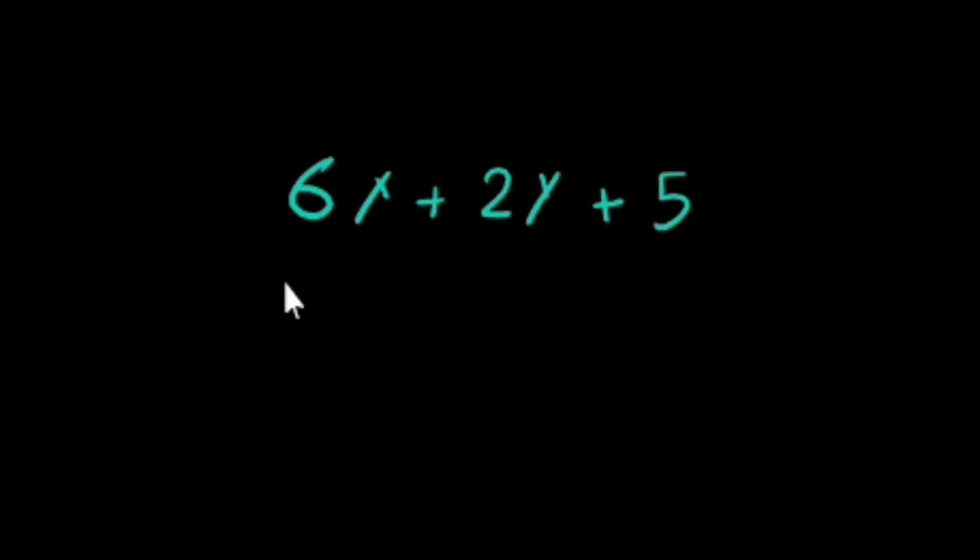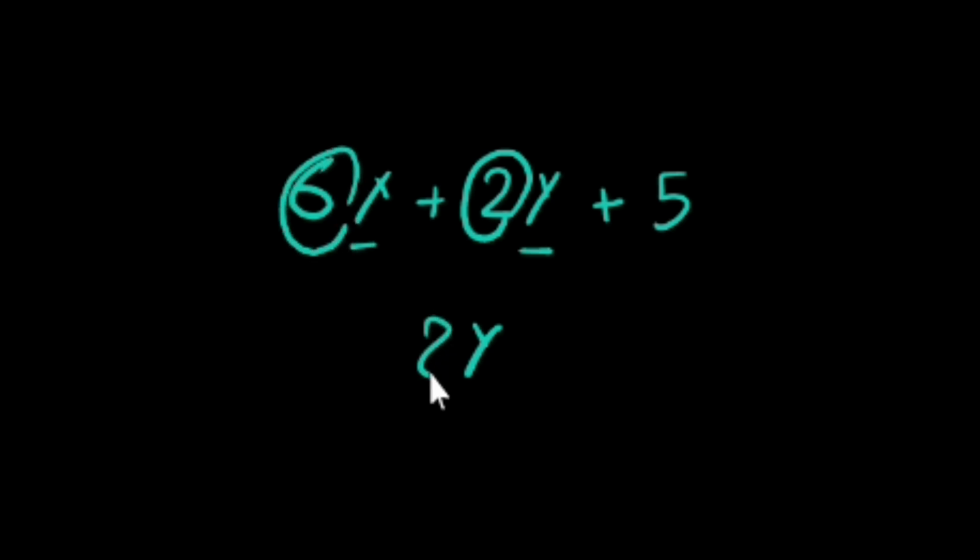If I make it a little bit harder, if I have 6y plus 2y plus 5, 6y and 2y, they are the same because they have y. So I will take the y and add the coefficients. 2 plus 6 here, I have 8. So I have 8y plus 5. Why can't I add 8y plus 5?